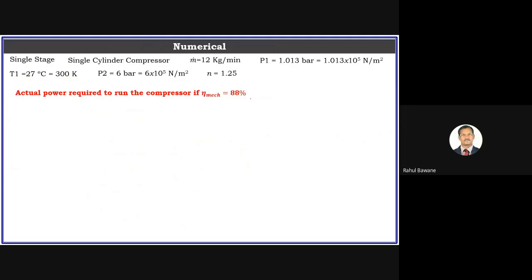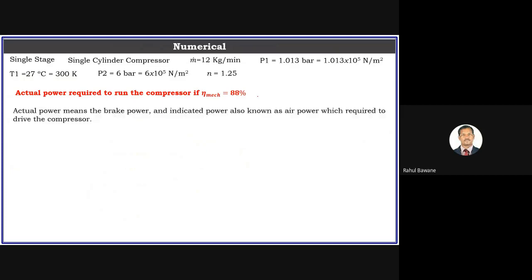Now the second question is the actual power required to run the compressor if the mechanical efficiency is 88%. So we have to consider mechanical efficiency to find the actual power. Actual power means the brake power, which is supplied at the shaft with the help of an electric motor or prime mover, correct?